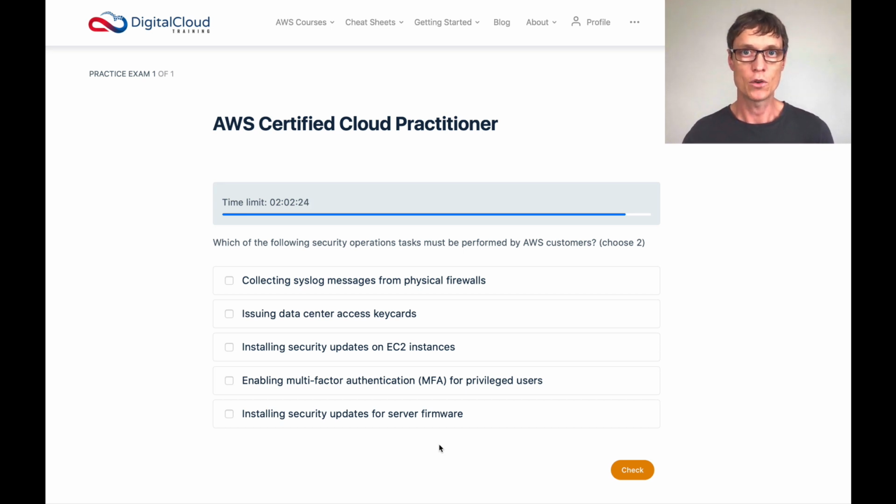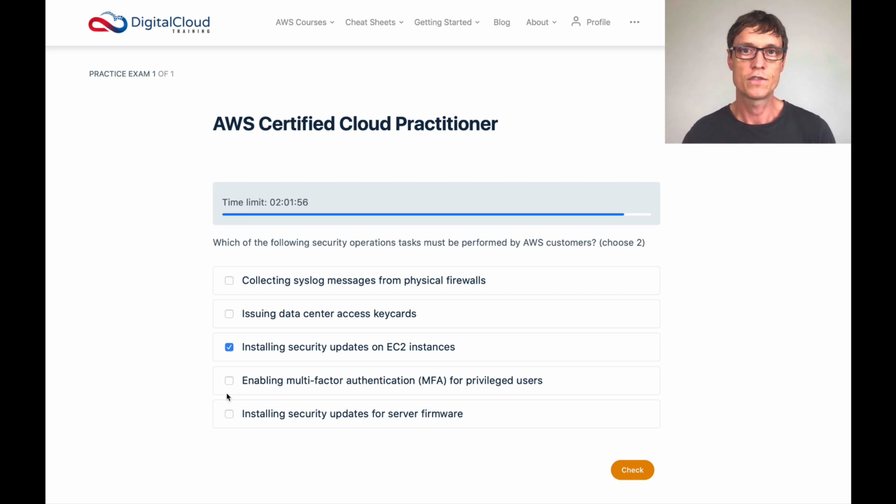Now, you've got to bear in mind the difference between patch management of the physical host that the EC2 instance runs on, which is an AWS responsibility, and then the EC2 instance itself. So you might have an instance running Linux or Windows, and you have to patch that operating system and any applications and whatever software you have on top of it. So that's a correct answer in this case because it's a customer responsibility.